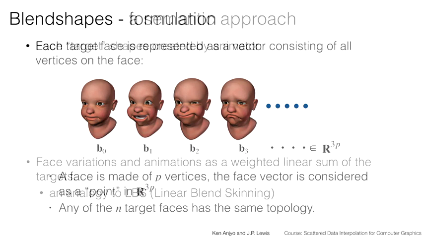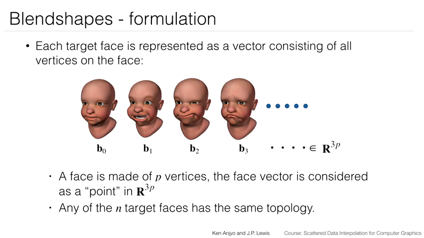In making some tools in the computer for blend shapes, we first formulate them as a big vector. For example, in this case, B0 means the neutral face, and it has so many vertices on the face geometry. These make up a large, big vector, denoted here by B0.